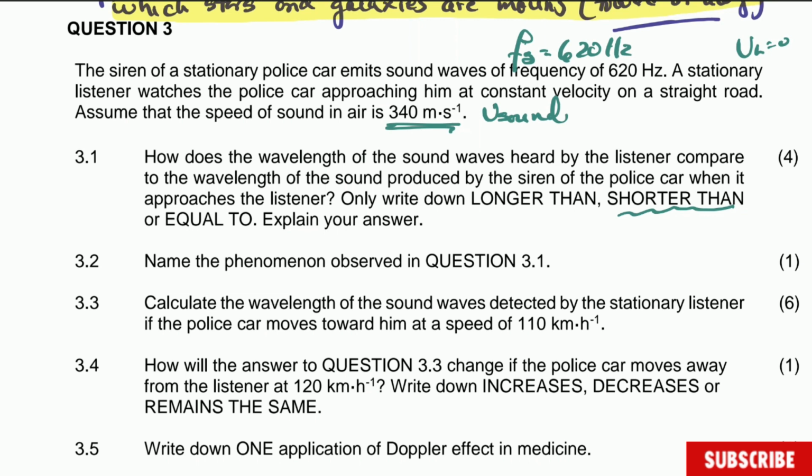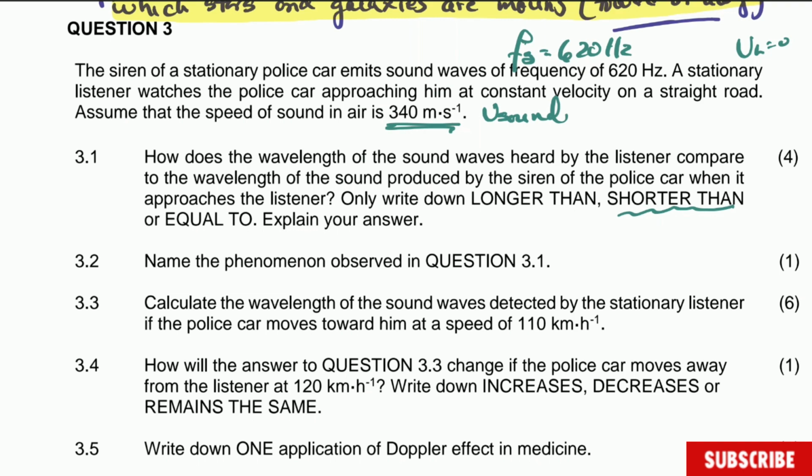Because the wavelength is being compressed, the frequency is higher. So the frequency detected by the listener is higher, and as a result, the wavelength that the listener is detecting is shorter than.